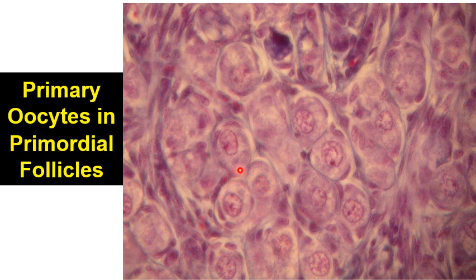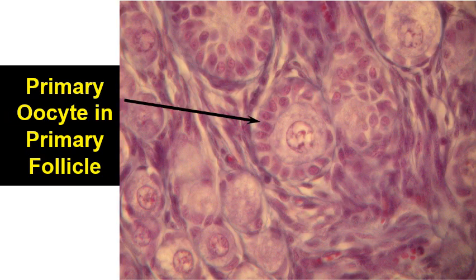So the primordial follicles are differentiated by a layer of follicle cells that surrounds it. This is a diagram of the primary oocyte in a primary follicle. So the primary follicle is characterized by the presence of cuboidal follicle cells that surrounds the oocyte.